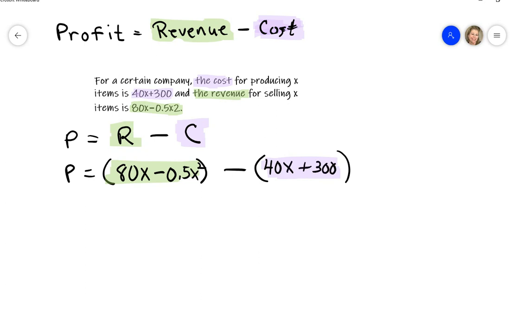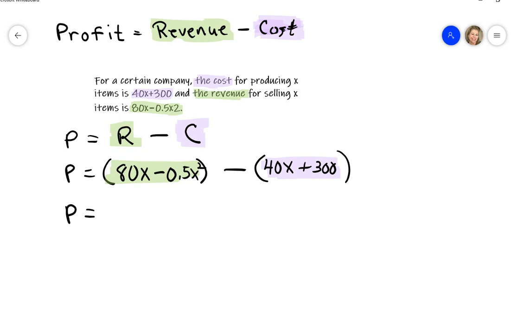Now, in order to give a pretty answer for profit, you want to get rid of these parentheses. And I needed the parentheses because cost was a binomial, 40X plus 300, and you're going to subtract the entire thing. So it has to go in parentheses if it's behind the subtraction sign.